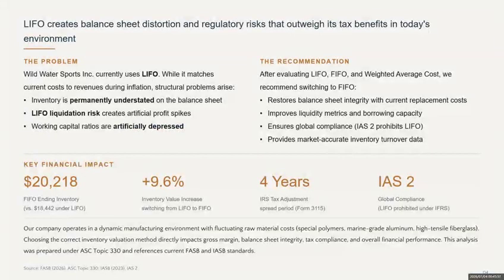The LIFO inventory valuation method currently employed by Wild Water Sports Inc. may align current costs with revenues and yield deferred tax benefits in inflationary environments. But its structural flaws have long outweighed any short-term tax advantages.